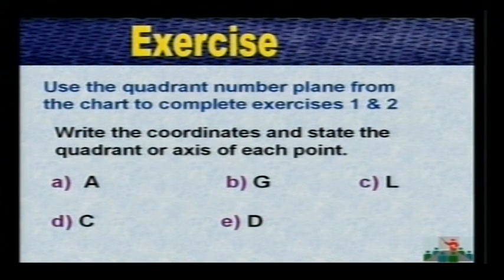And B, what is the coordinate? You write the coordinates for G and then state the quadrant or the axis of each point. So, in this chart, this is point A here.